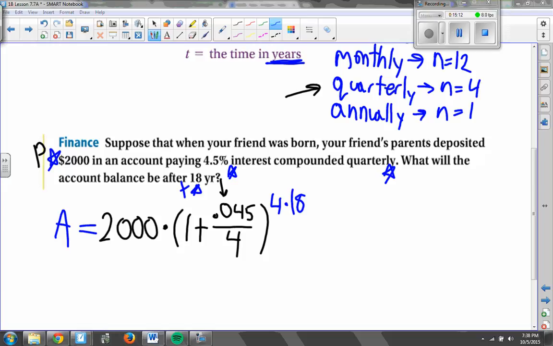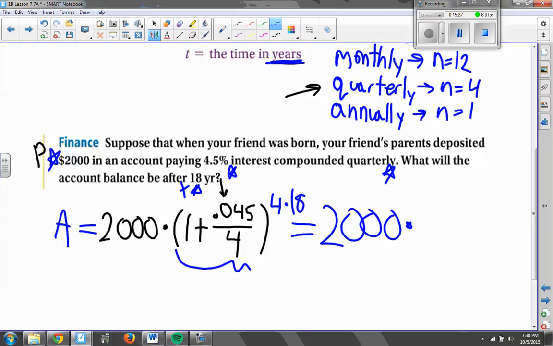So if you were to put this in your calculator, you should end up with 2,000 times this whole mess here, which is going to become 1.01125 to the 72 power.